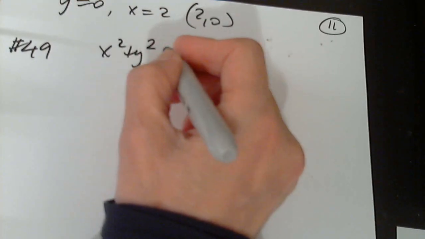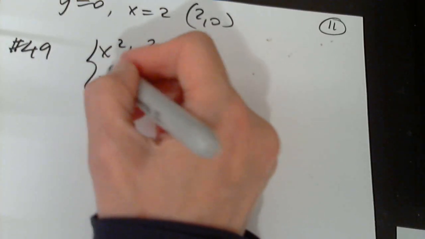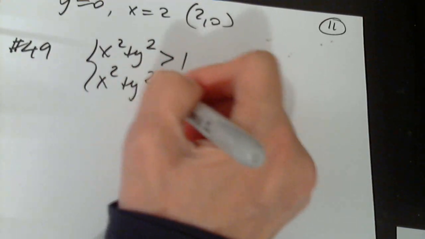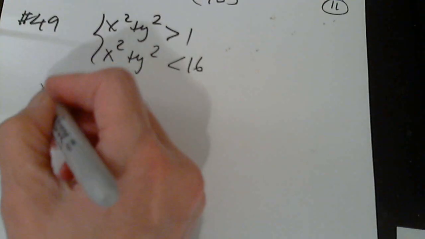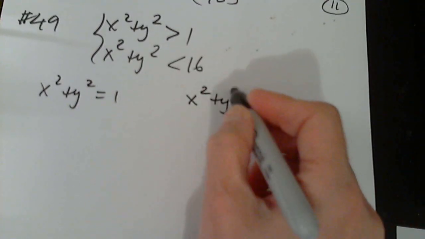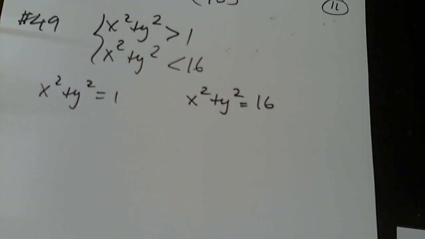X squared plus y squared greater than 1. X squared plus y squared less than 16. Okay. Can anyone tell us what these represent? We just looked at an example a few minutes ago.